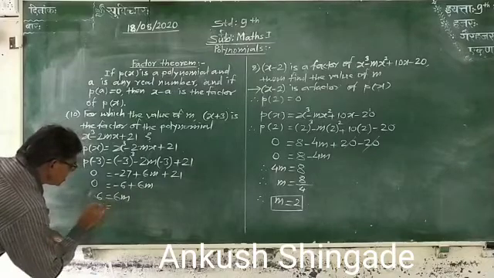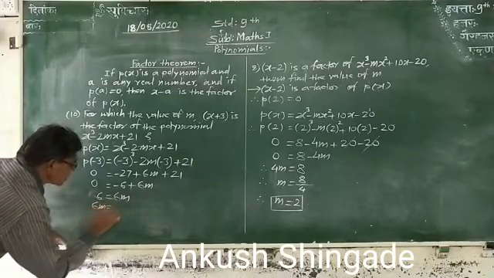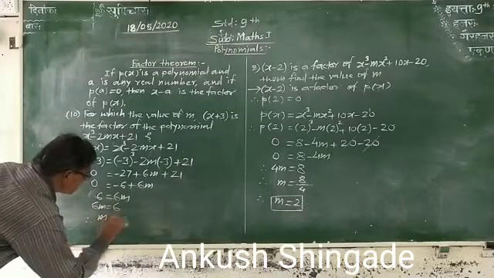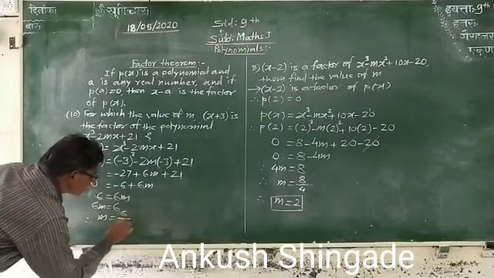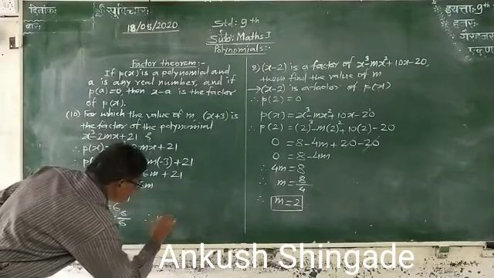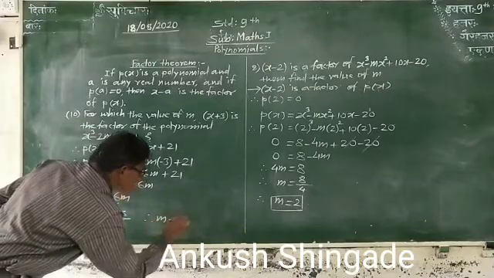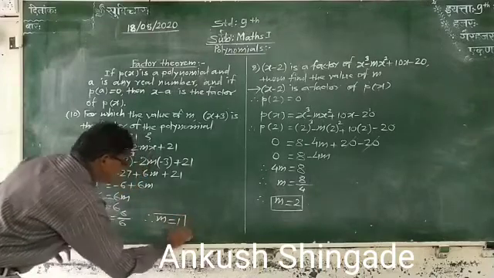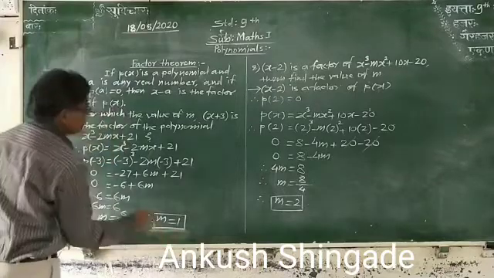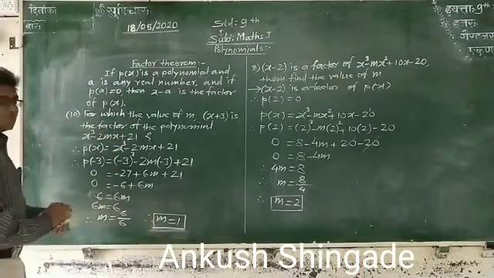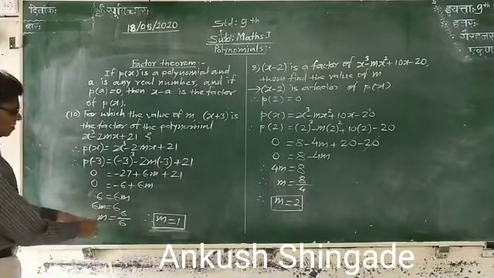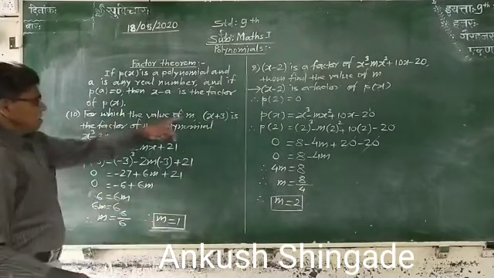That means 6m equal to 6. Therefore m equal to 6 upon 6, that is m equal to 1.